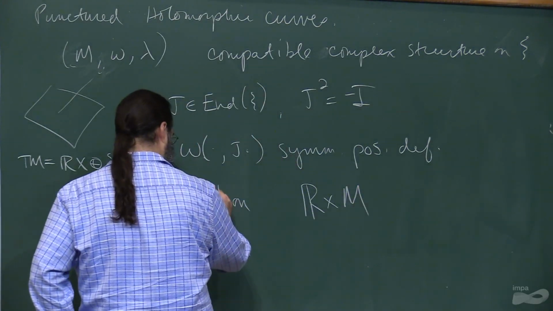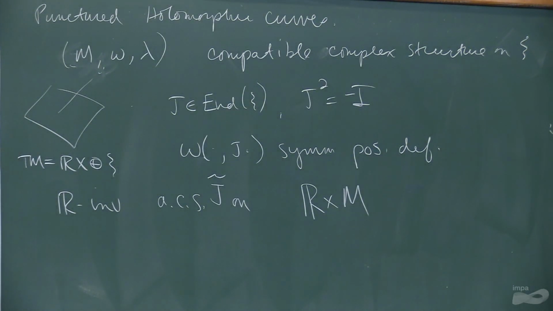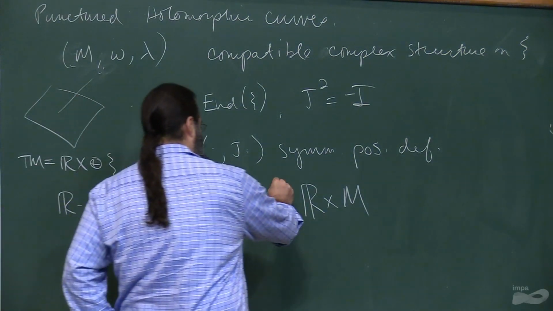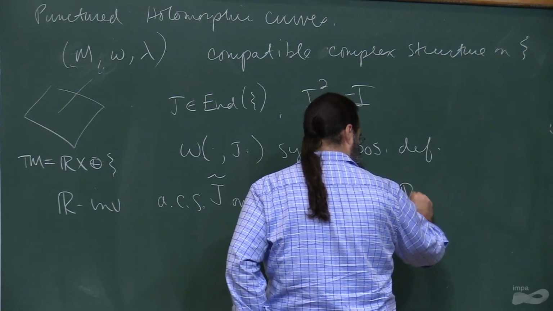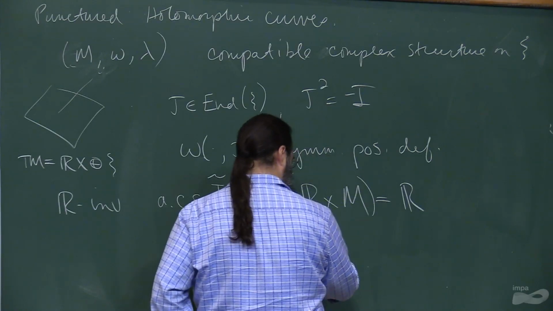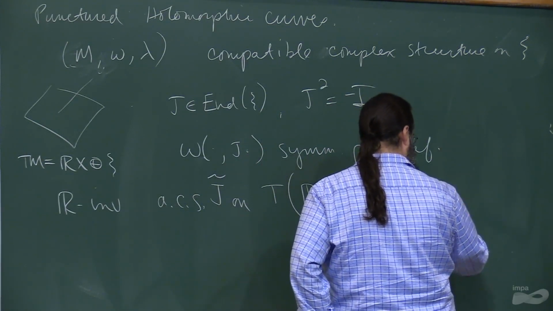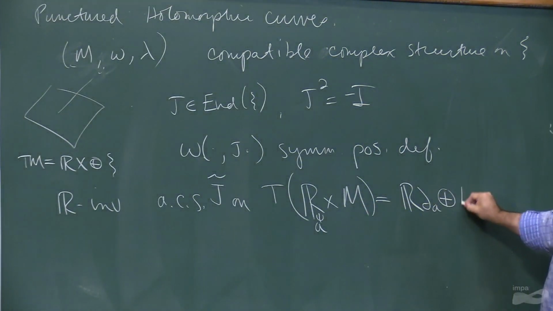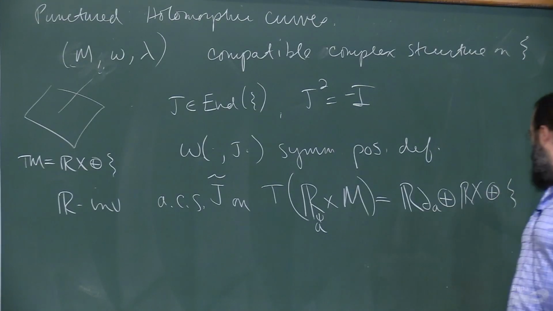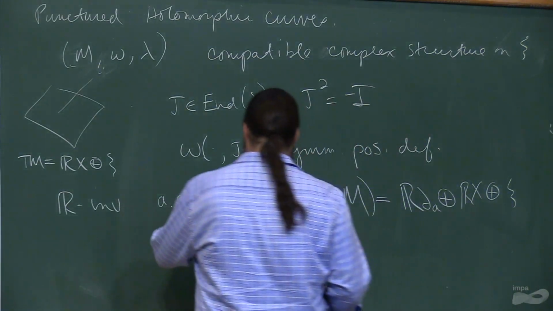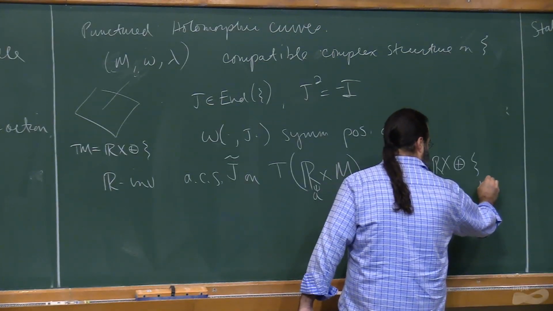I'll name that thing J tilde. So how can we do this? On R cross M, well, let's look at the tangent space there. We get a splitting as the tangent space to R, I'll name my variable in R A, plus the splitting we had on M. So that's R times the Reeb vector field plus C. And so what I'd like J to do, the action, should just be the J I chose there.